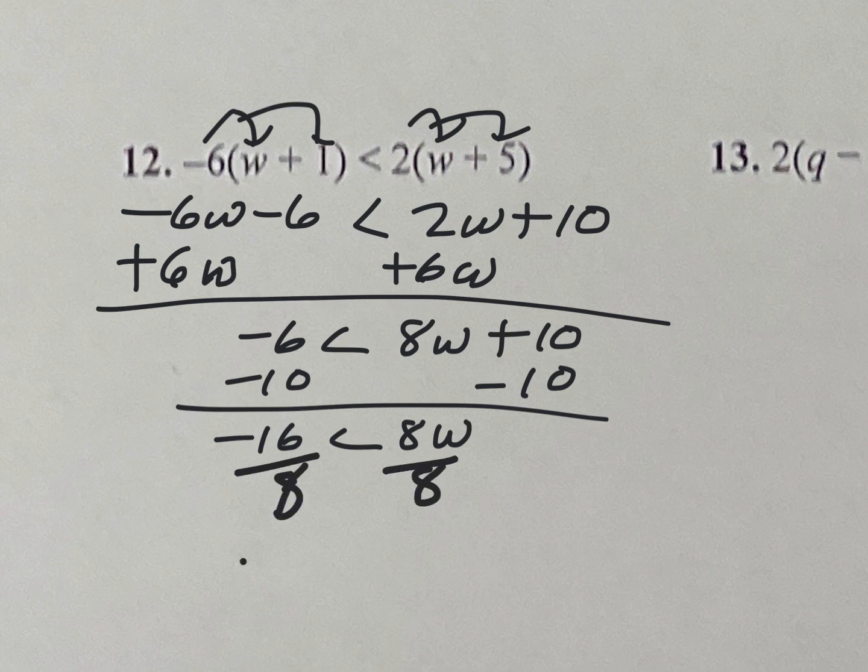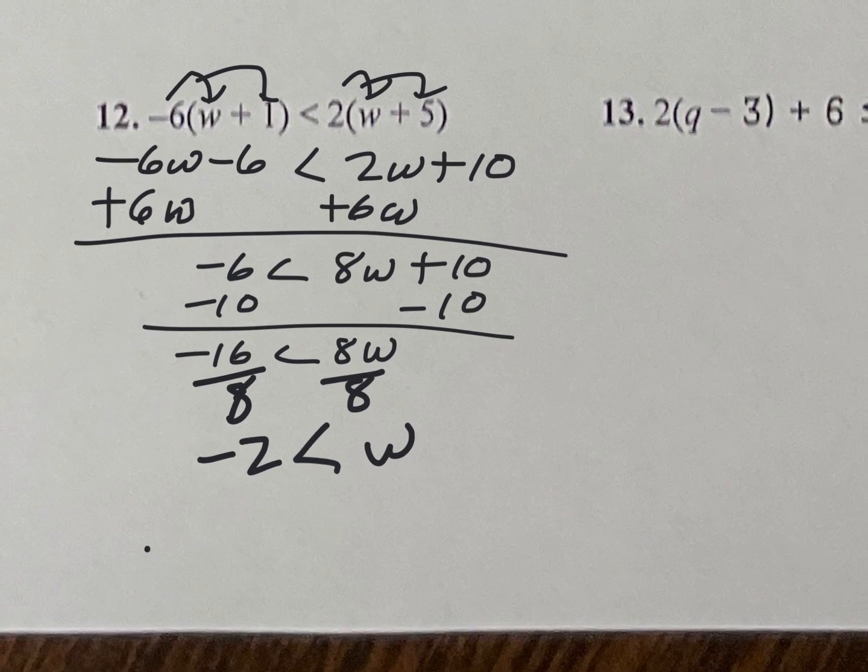So I am not going to flip this inequality around, even though there was a negative number, because remember, it's all about what number you divided by. You do not flip that symbol if the number you divided by was not a negative number. And because there are going to be several multiple choice questions tomorrow, get in the habit of looking for the variable on the left.